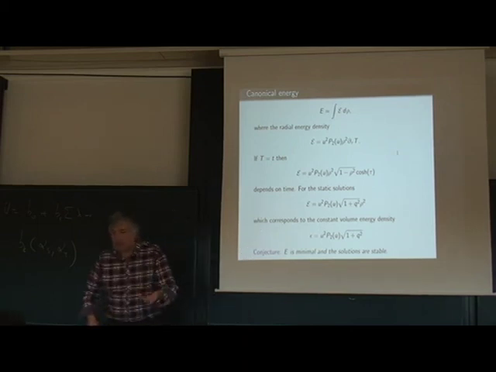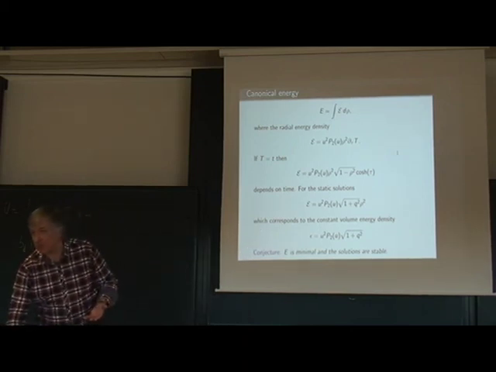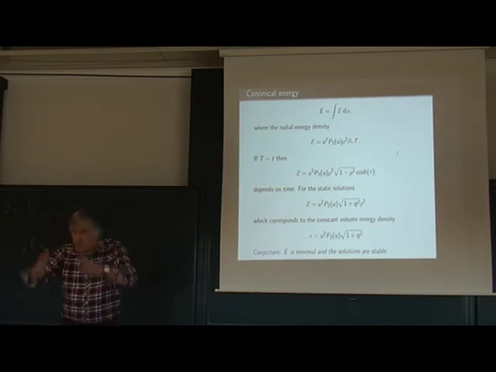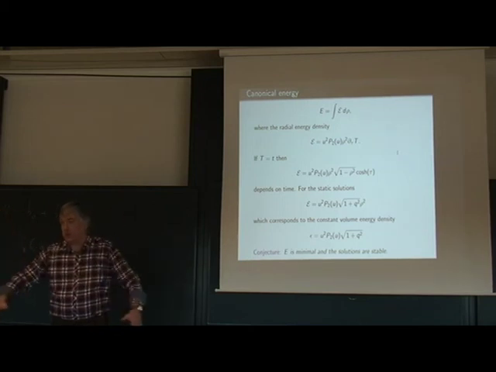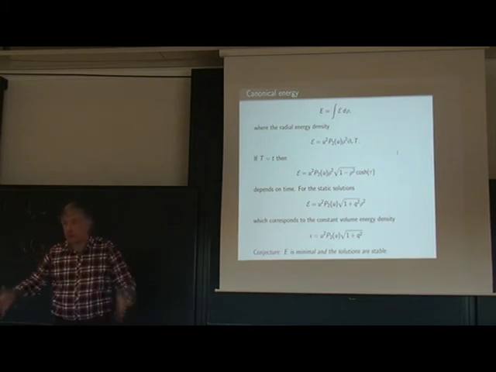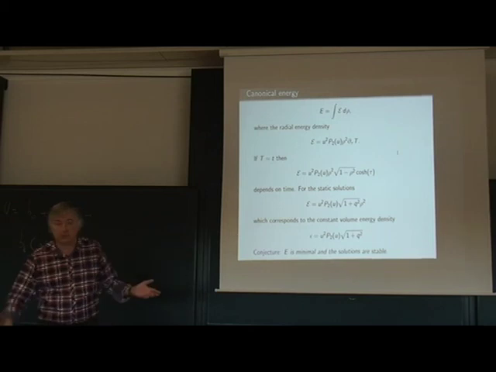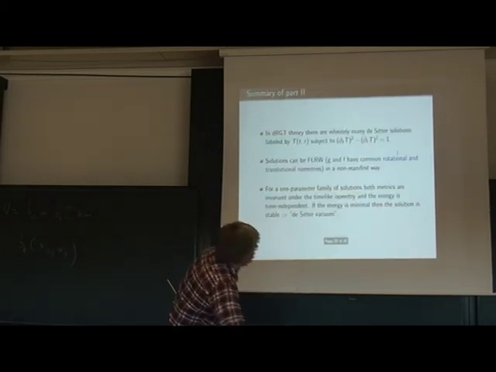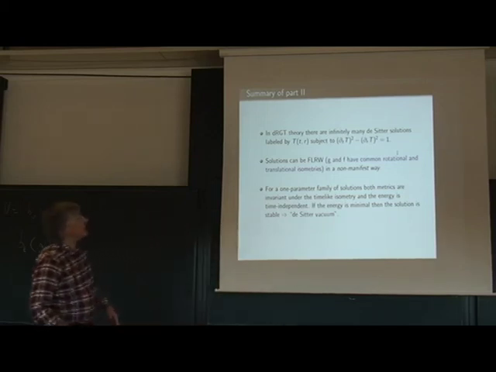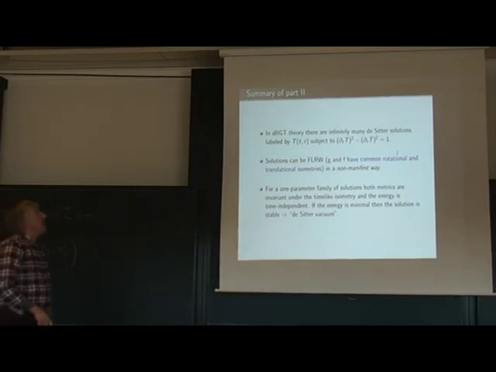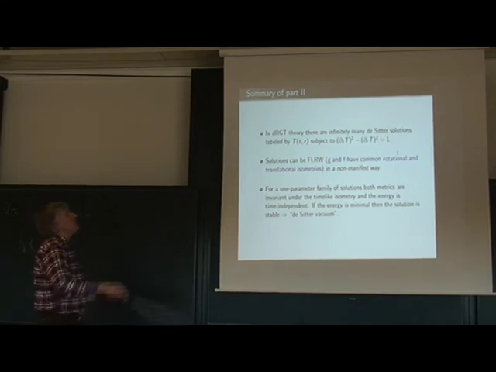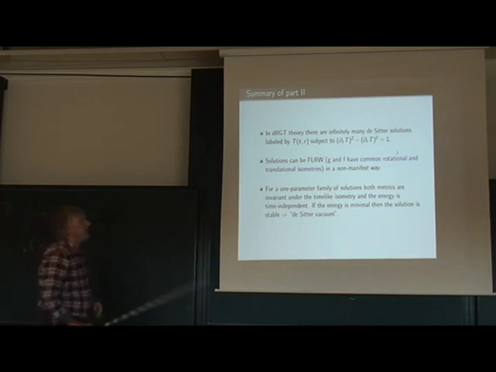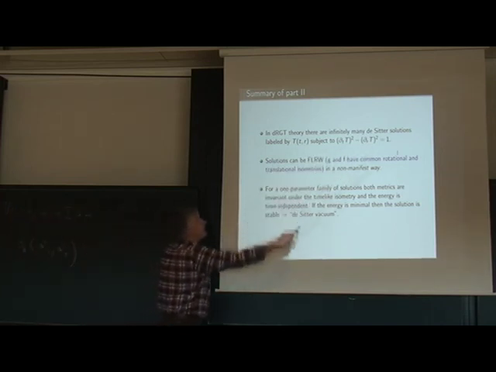I think the theory was invented just for describing this, and there should be a ground state in the theory. There should be a hyperbola and it should be stable. So this is my point. But again, this is conjecture. And so my conclusions are this. In the GT theory, there are infinitely many de Sitter solutions labeled by a function which fulfills this differential equation.